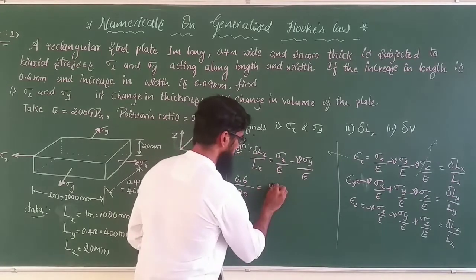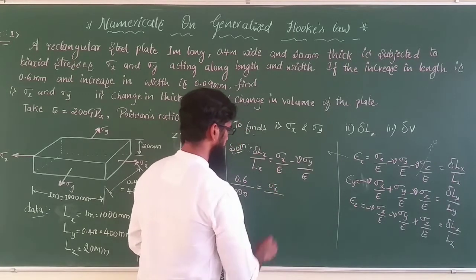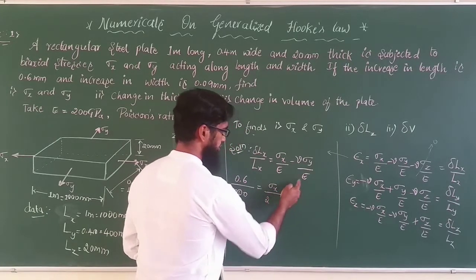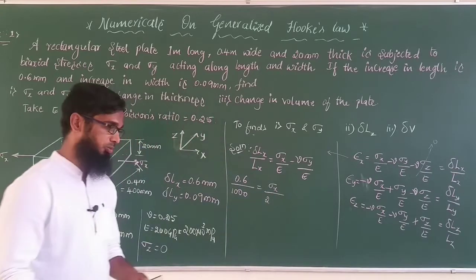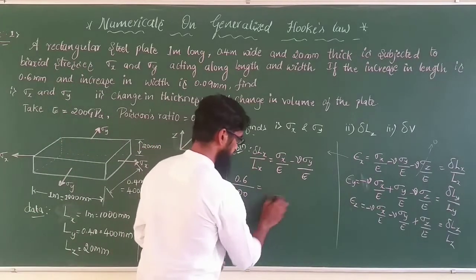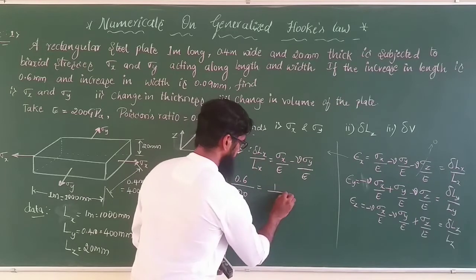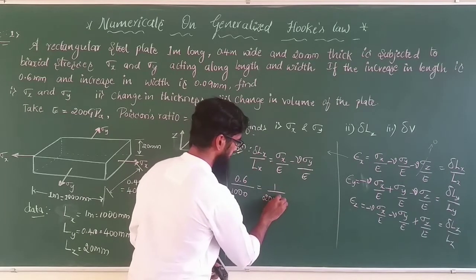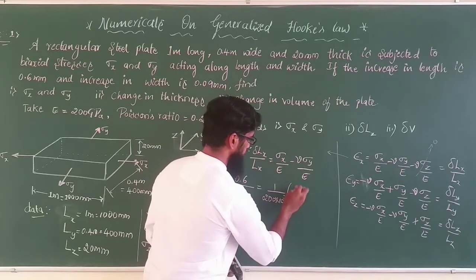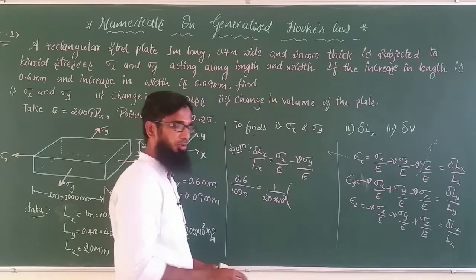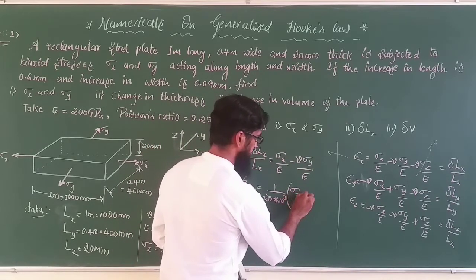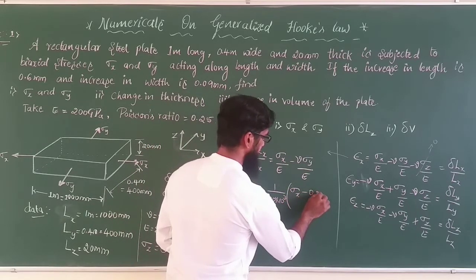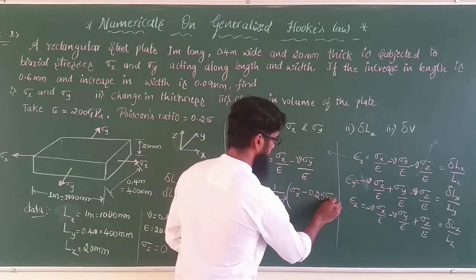So sigma x is unknown. Since the Young's modulus is the same, I can take it common here. So it becomes 200 into 10 power 3. Here sigma x remains, minus nu, which is 0.25, the Poisson's ratio, sigma y.